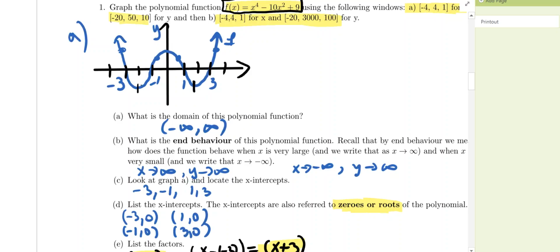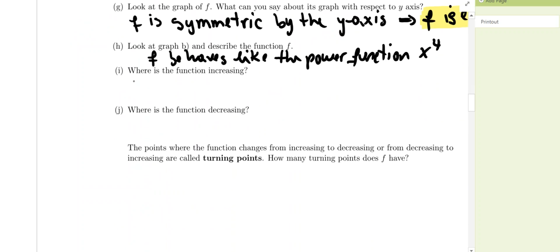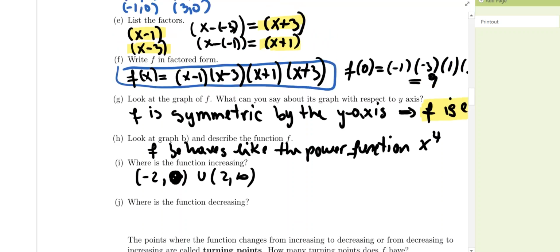So this function is increasing from x equals -2 to 0, and then from x equals 2 to infinity. So the function is increasing from -2 to 0, union 2 to infinity.